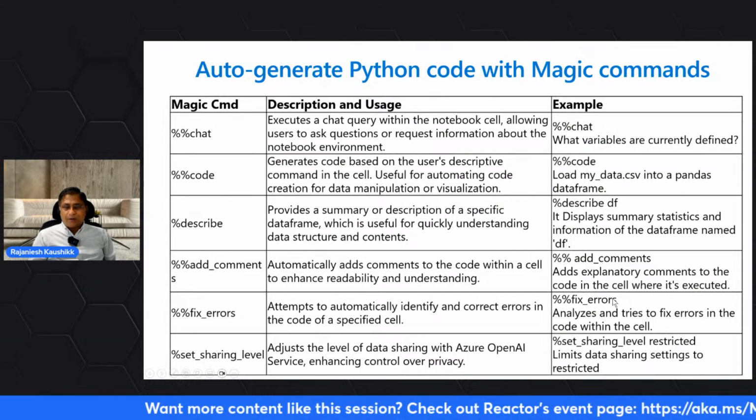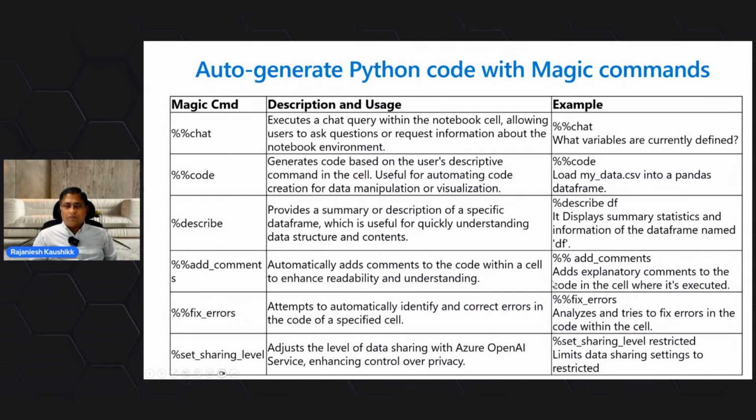If you are running code generated by the Copilot and that code is throwing an error, then in the same cell you can run percentage fix errors, and that code will be fixed automatically. Not 100% of the time. Maybe I would say 80 to 90% of the time this will fix the code. But in case it does not fix the code, then you may have to fix it on your own, right? But again, if it works 80% of the time, then it is pretty good, right?